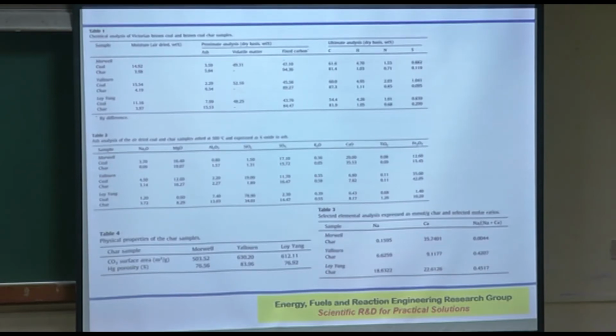And the most important thing is looking at the surface area, the CO2 surface area, in square meters per gram of the char. So you can see this huge number. Between these two, they tell you that these are not only porous, but also have very, very high surface area. High porosity does not necessarily mean high surface area.